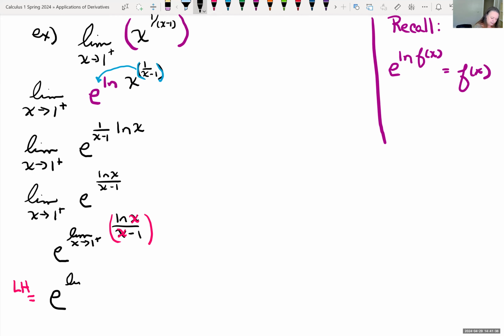Write the limit as x is approaching 1, but now I'm taking the derivative of the natural log of x, which is 1 over x, divided by the derivative of x minus 1, which is 1.